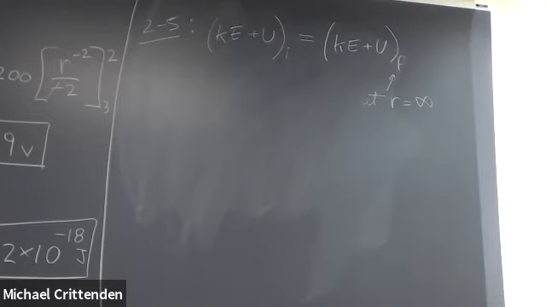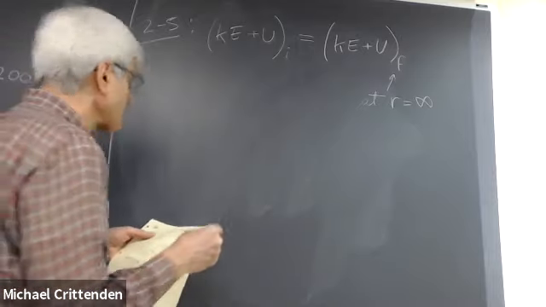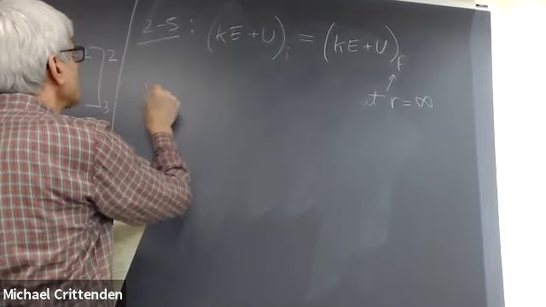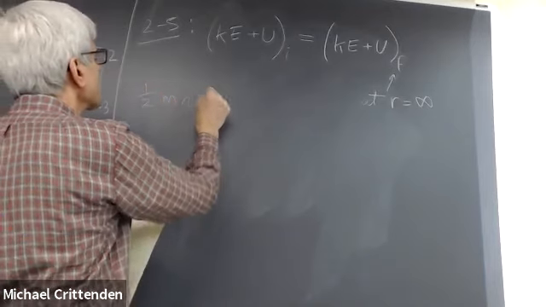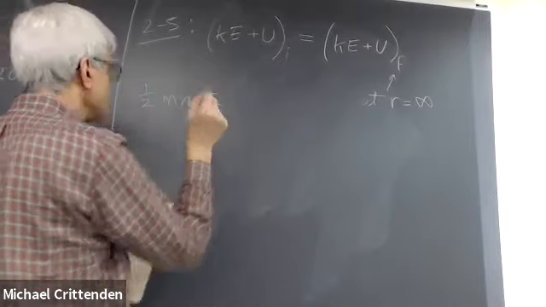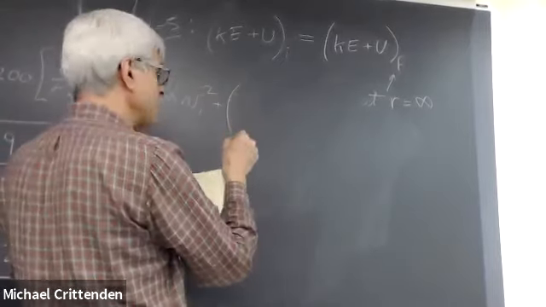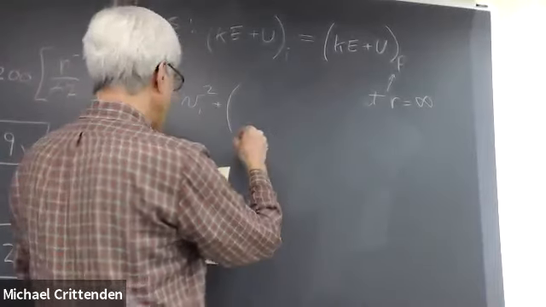You can throw it even harder and it'll still have some kinetic energy left when it gets to infinity, but the minimum would be if it ends up with 0. Kinetic energy is 1/2 mv squared. Potential energy is the formula from the box.